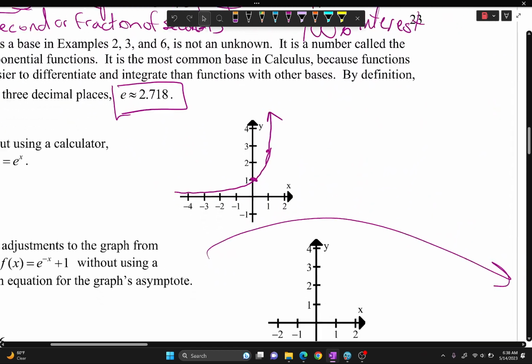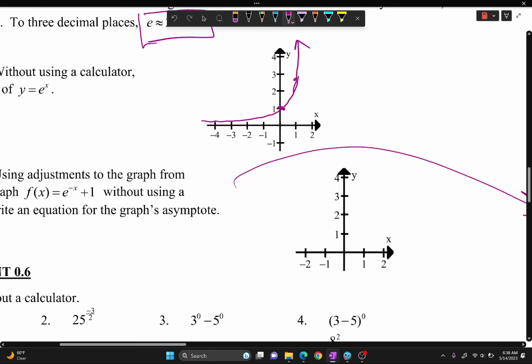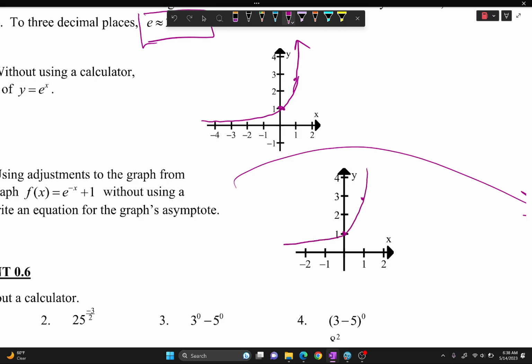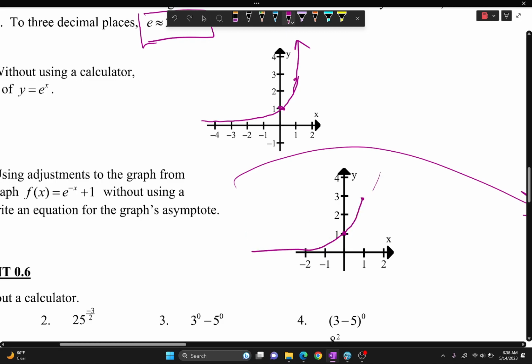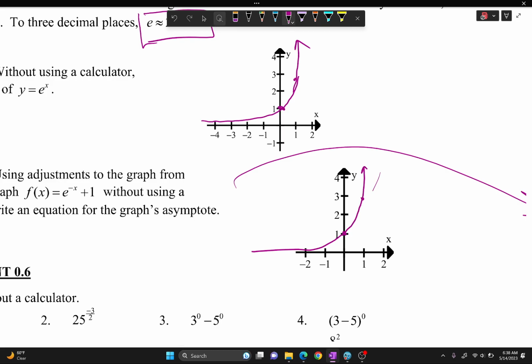So if I take this guy, and I just wanted to do e to the x, remember e to the x would be this guy right here. Maybe I could make it grow a little bit quicker down there. And if I wanted to do e to the x plus 1, well, I take this and I shift it up 1.